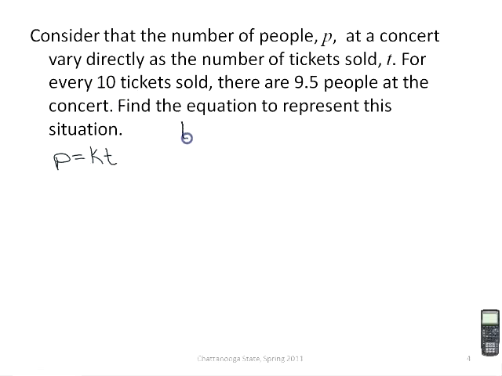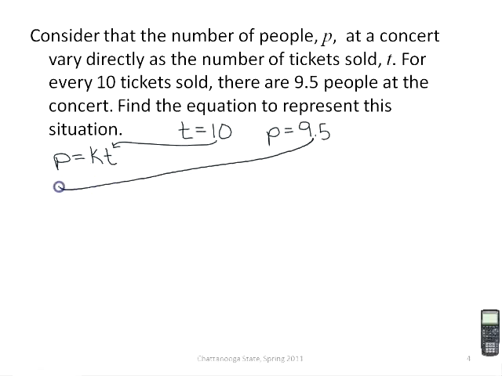So for every 10 tickets sold, that means when T has a value of 10, the number of people at the concert has a value of 9.5. So what we do is we plug these numbers into our equation for T and P to find out what our constant is.